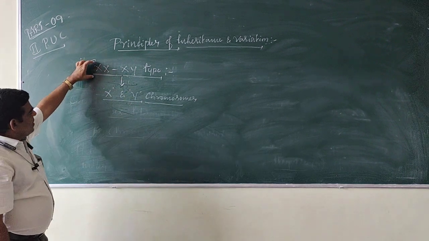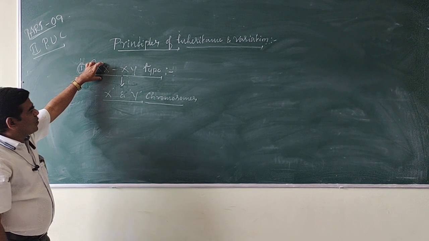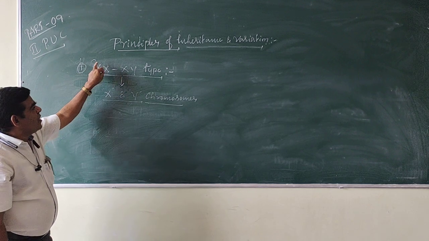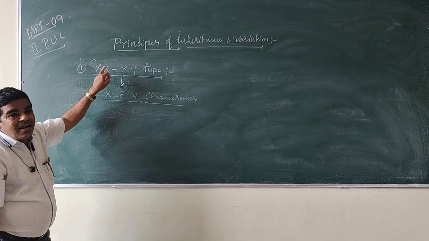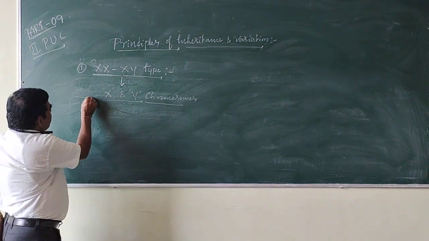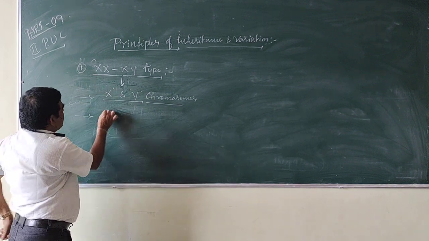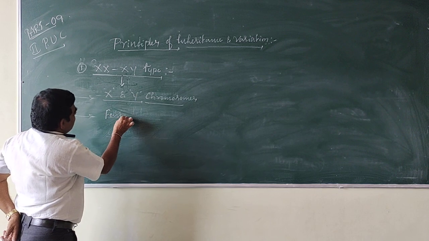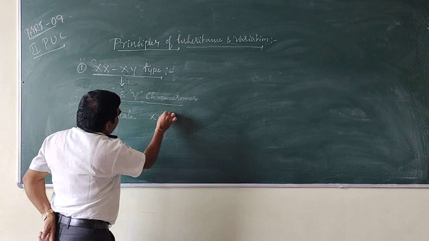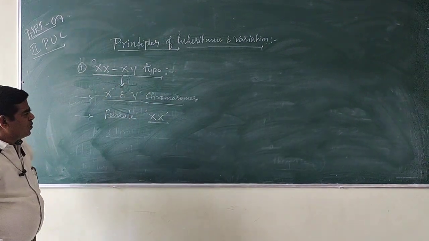So here X and X are similar chromosomes, which means homogamety. This is heterogamety, called male heterogamety. Here the female has X and X chromosomes.